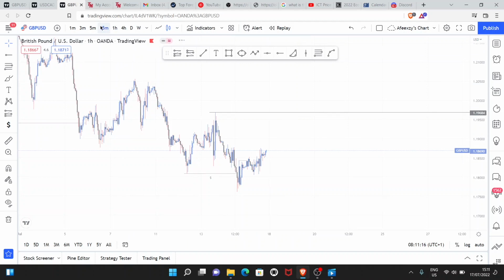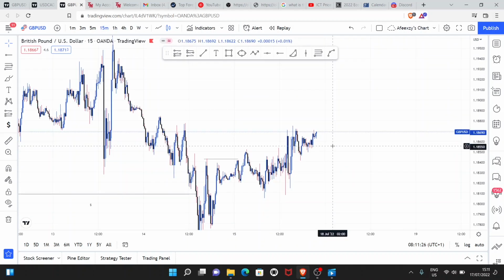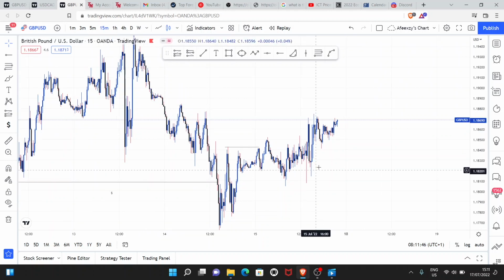For 1-hour time frame, I'm watching that zone, and from 15 minutes time frame, which I know the market will start probably playing out before I start trading, that is during the Asian session. So I'll also be watching these liquidity zones.